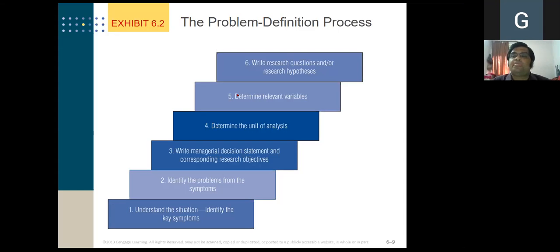Today's topic is the problem definition process: how will I, as a researcher, define that there is a problem in the organization? I will discuss each section at length, so just go through these 6 steps. If you understand this, your whole research will be clear.